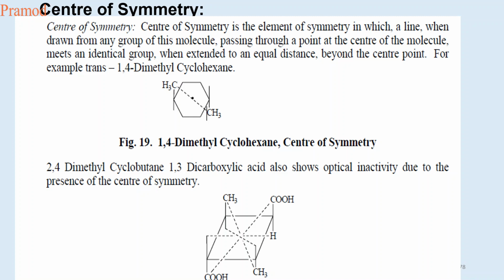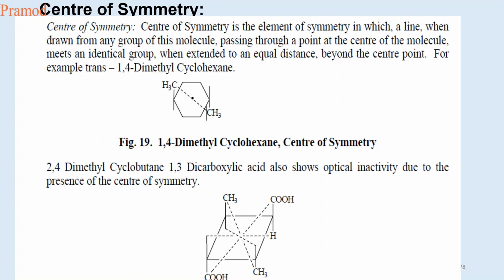Now the second example is 2,4-dimethyl cyclobutane 1,3-dicarboxylic acid. This is the entire molecule. In this compound, you draw a diagonal line from the center joining the COOH and COOH, and they meet each other. From methyl to methyl, when you draw a line through the center, they meet each other.